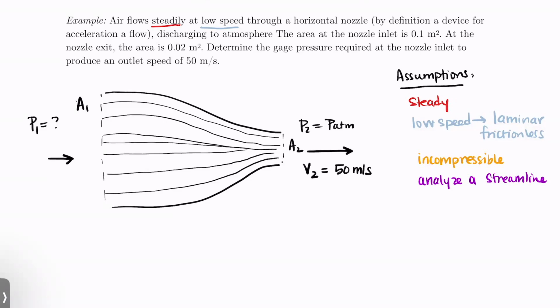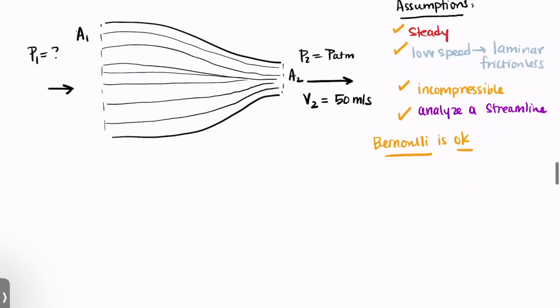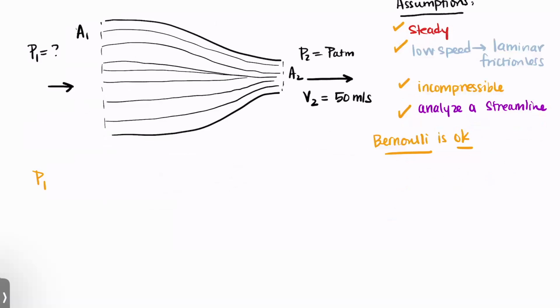Okay, so with all of these in place, that means that we can use Bernoulli. Our Bernoulli equation looks like P1 over rho 1 plus V1 squared over 2 plus g Z1 is equal to P2 over rho 2 plus V2 squared over 2 plus g Z2.